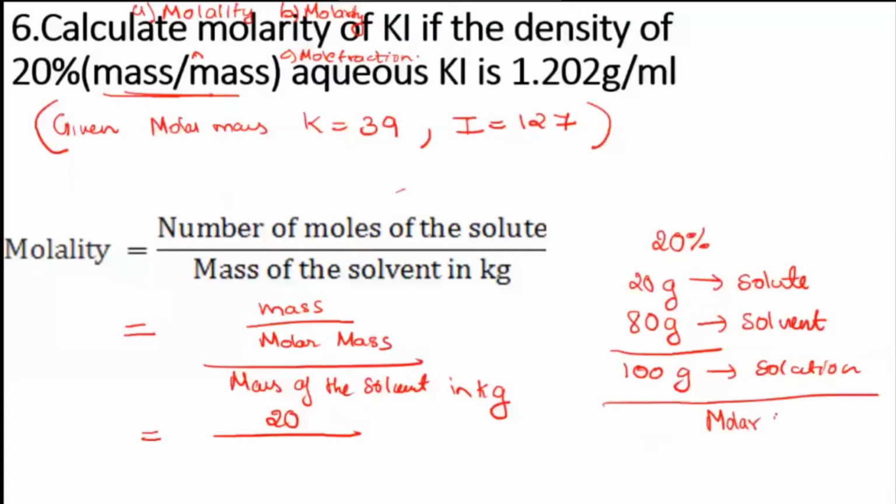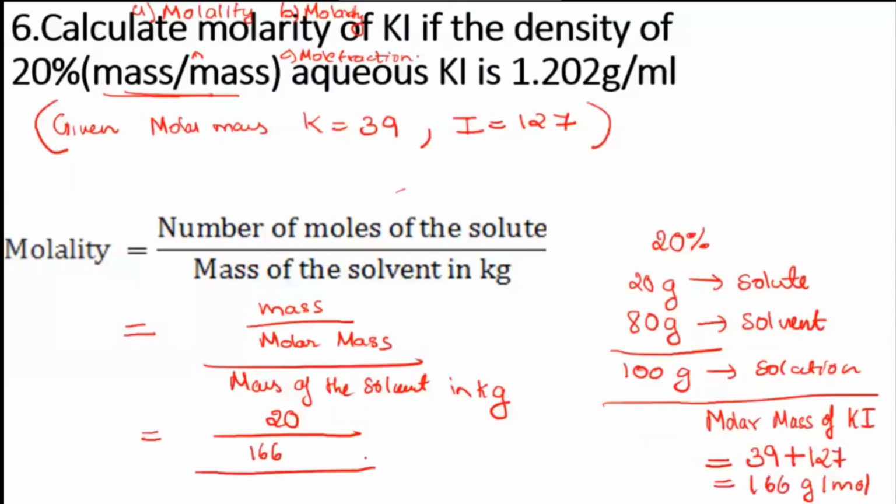Molar mass of potassium iodide is equal to 39, potassium is 39, plus iodine is 127. So it is 166 gram per mole. Yes, very good. Correct. 166 gram per mole. So this we got, molar mass also 166. Whole divided by mass of the solvent in kg we require.